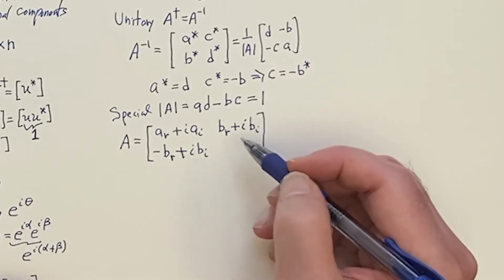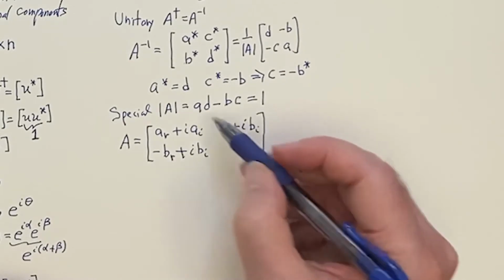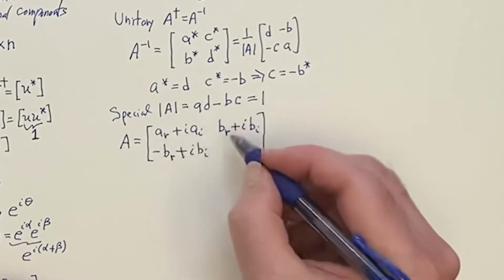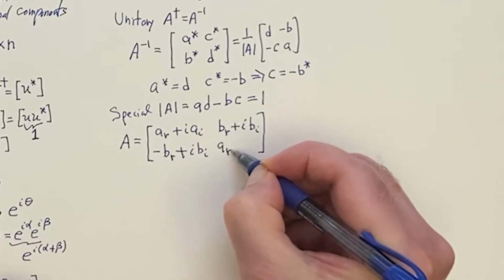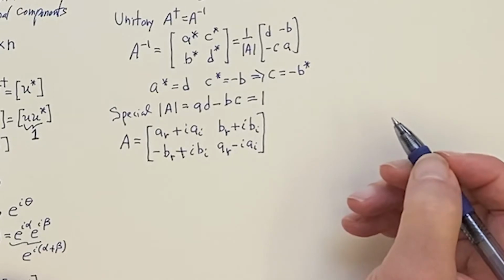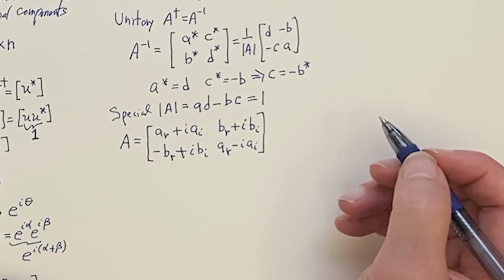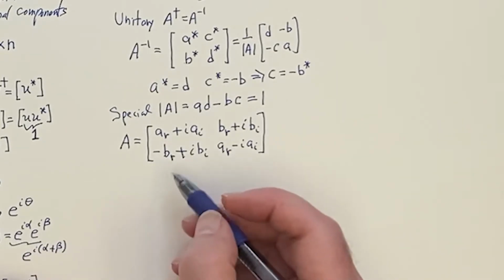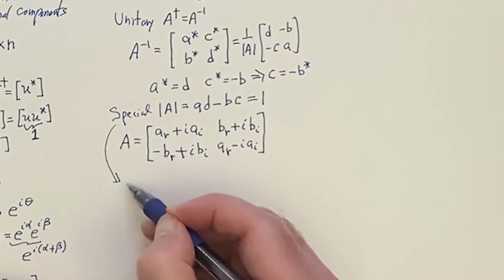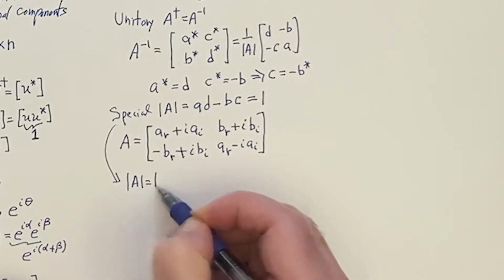And the last thing here, down in here, this D has to be A star. So that means take the A sub R and put a minus sign in front of the I. So we have that. Now for the special case, the determinant has to be 1.